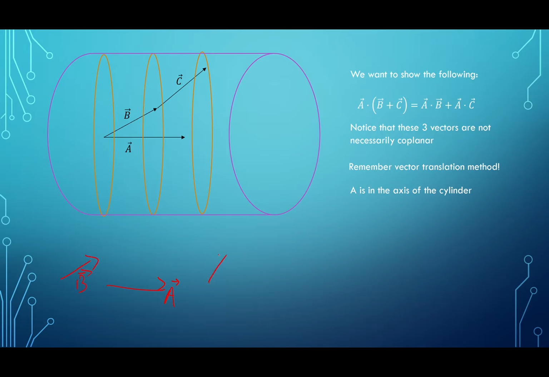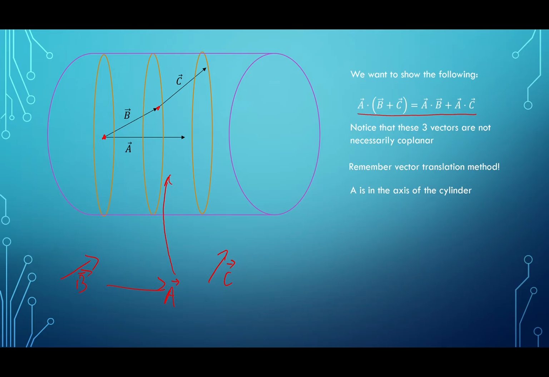Just take a random example, and if you perform the translations, it is directly obvious that we can form this: A and B connected with their tails at one point, and then C is the continuation from the head of B, so its tail is at the head of B. We can also state the distributive property mathematically as follows: a dot (b plus c) equals a dot b plus a dot c.